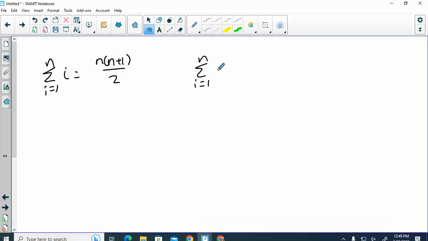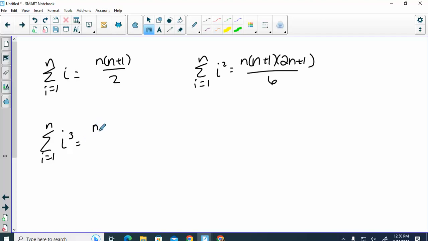From 1 to n of i squared. From 1 to n of i cubed. And from 1 to n of a constant. Constant times n. All right.